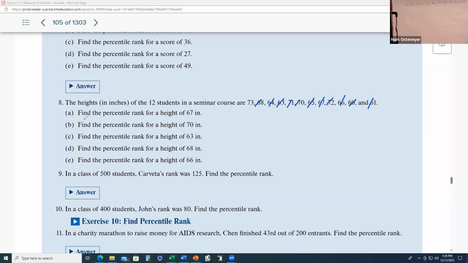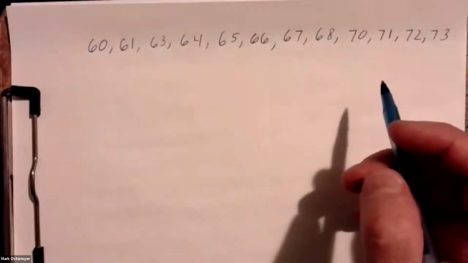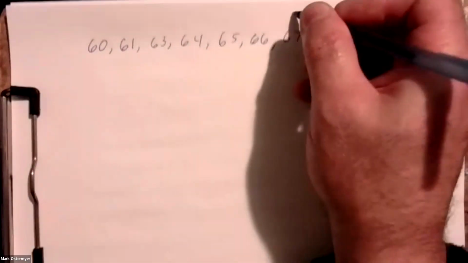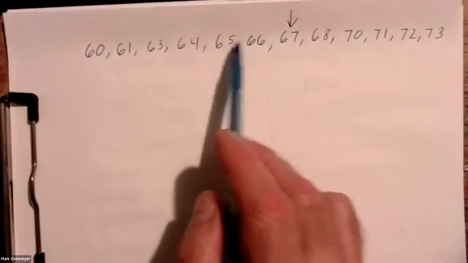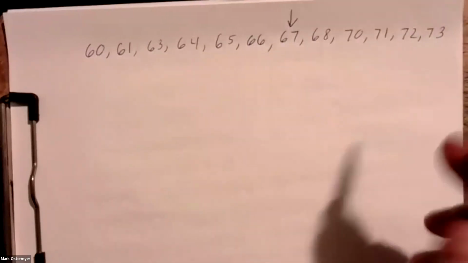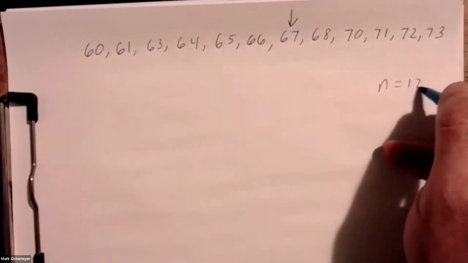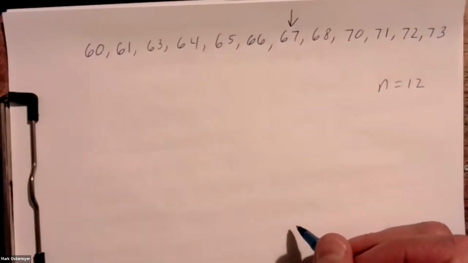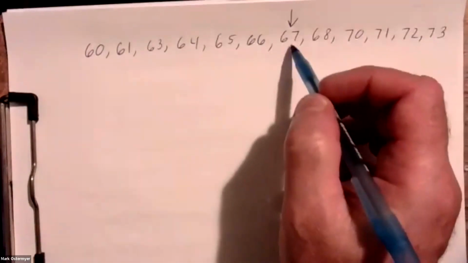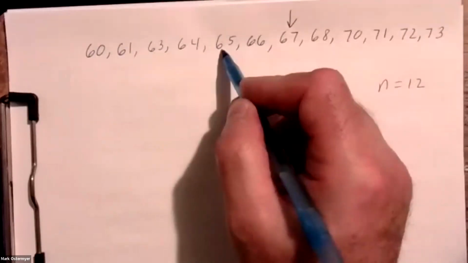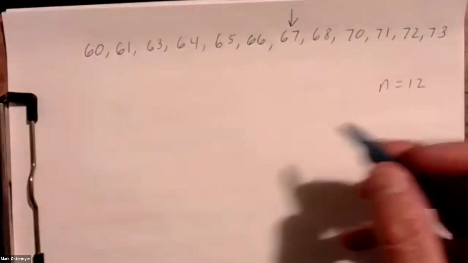Now in part A, they want us to find the percentile rank for the height of 67 inches. So for 67 inches, here's our data ordered. 67 inches lies here. How many observations are in this data set? There are 12 observations. Now, what percentile rank would 67 have? How many observations are less than 67? That would be 1, 2, 3, 4, 5, 6.